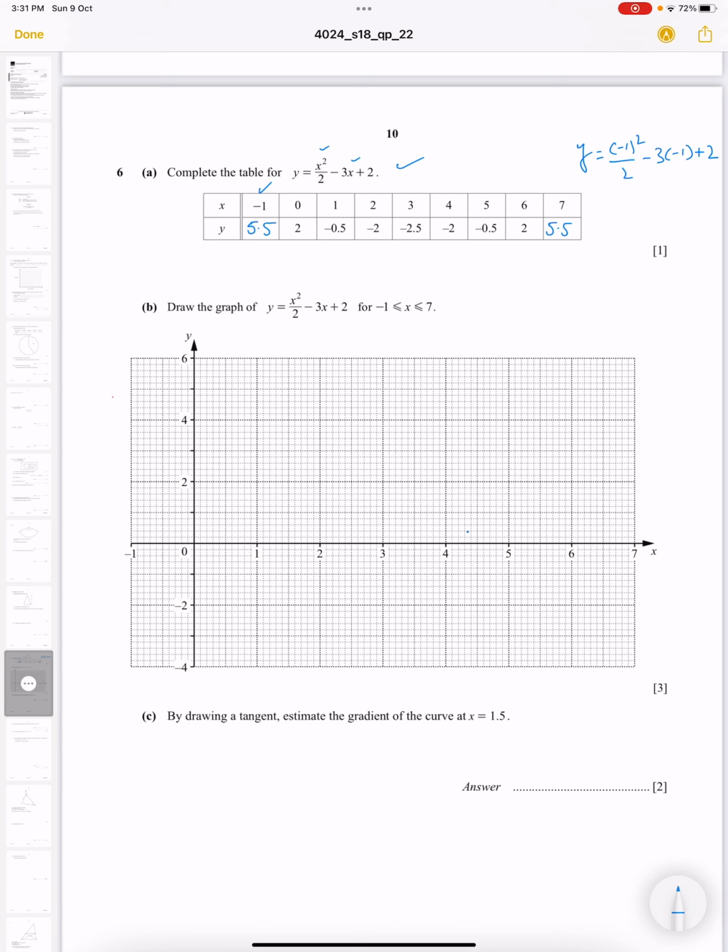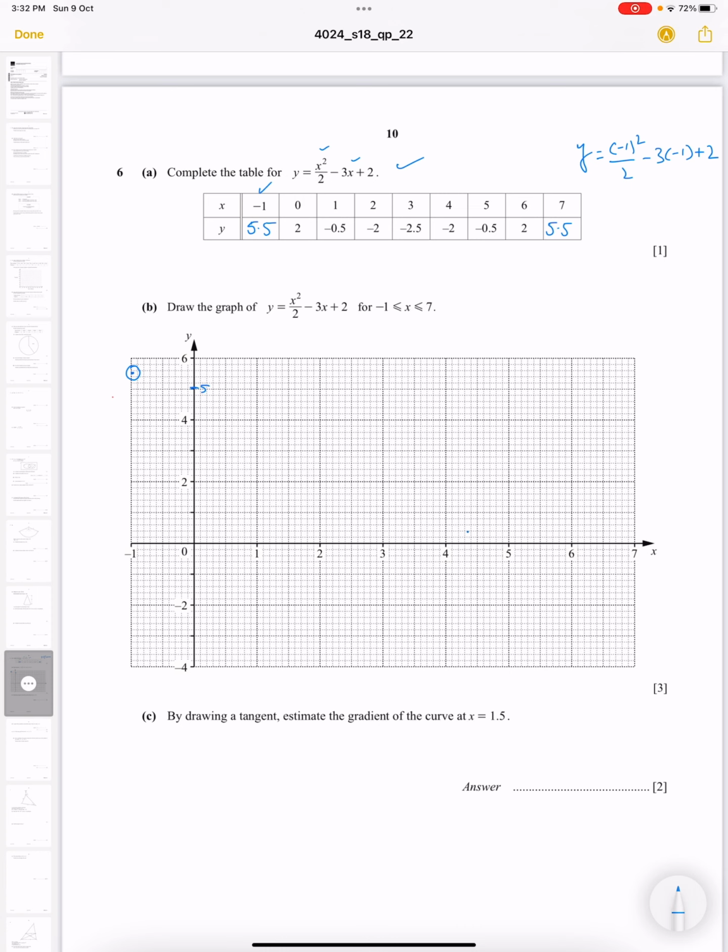Now let's plot these points on this grid. So first point is minus 1, 5.5. Minus 1 and 5.5 must be, as we see the value of y will be 5 here. So between 5 and 6, somewhere here we have minus 1, 5.5, right?